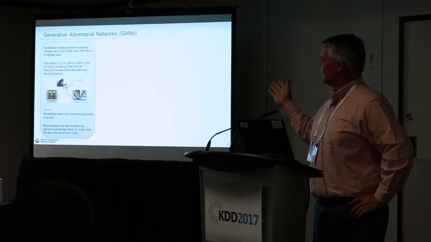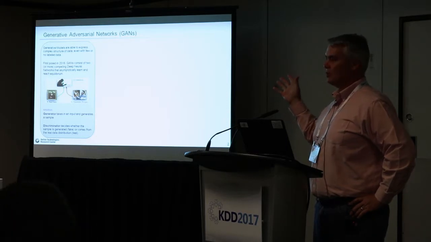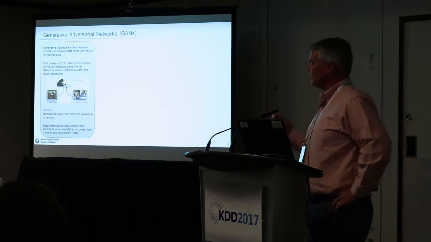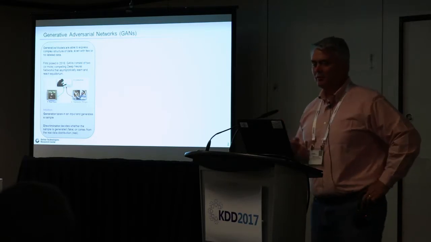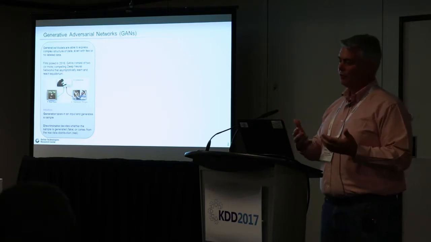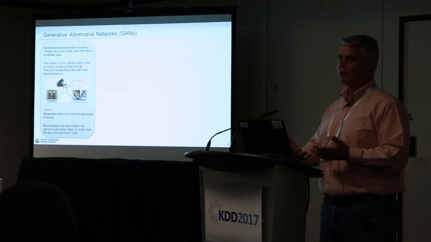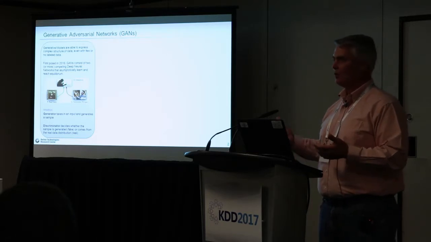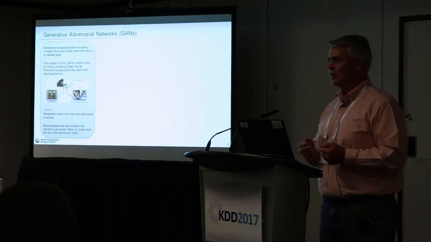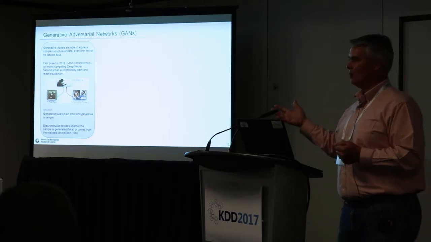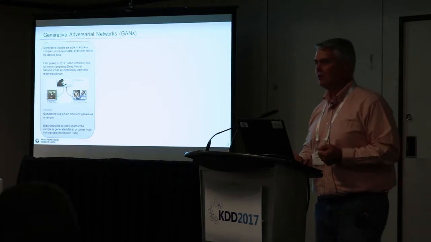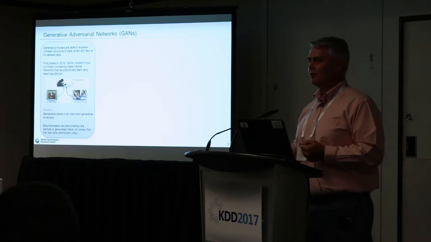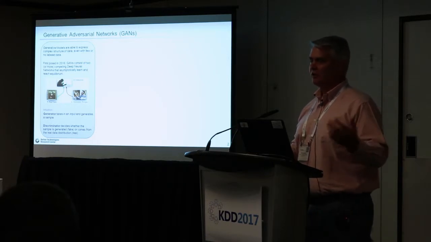Just from the intuition of what a generative adversarial model is, you actually have two neural networks that are set in opposition to each other. One is called the discriminator, which is simply going to determine if the information it's seeing is real data or something that was generated.